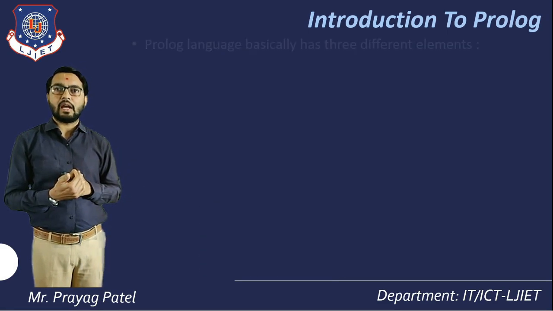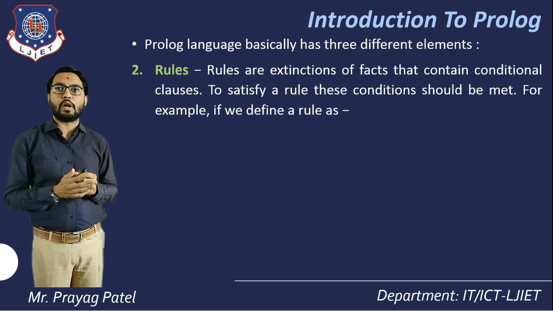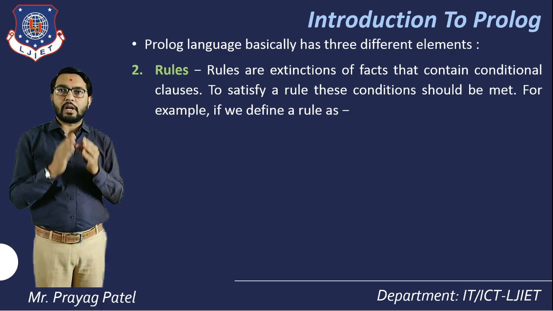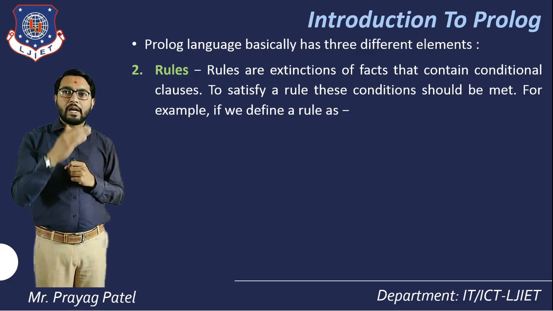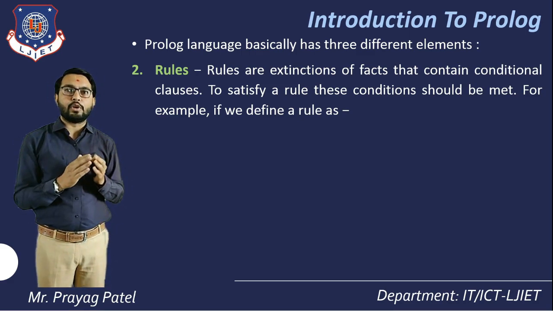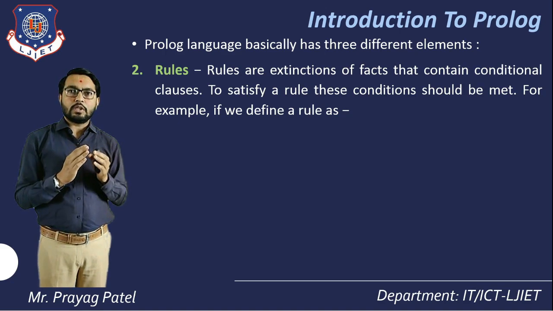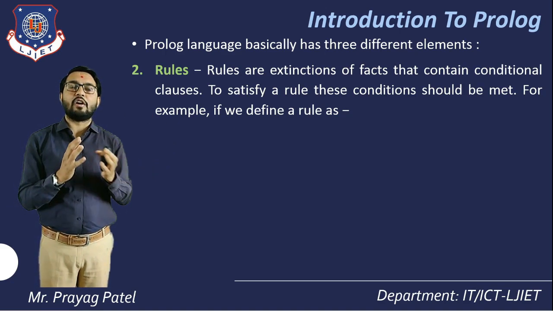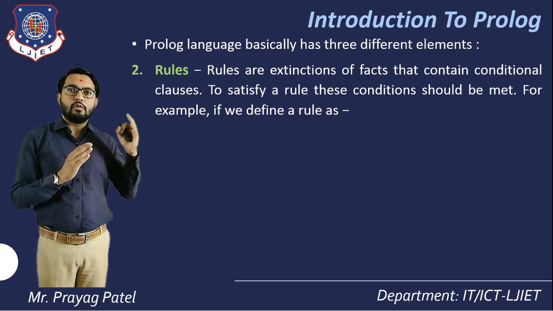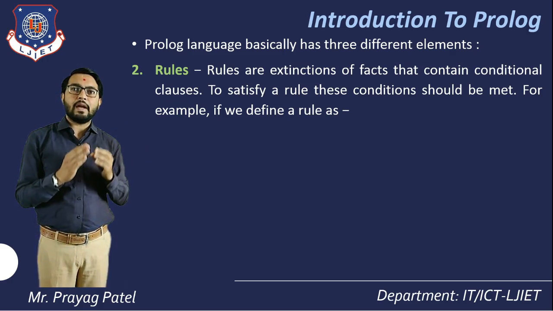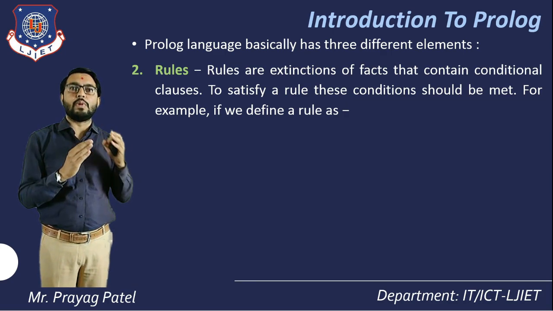Now the next component in the Prolog programming language, the second component, is rules. We already discussed the first component, facts. Rules are considered an extension of facts, containing condition clauses. To satisfy a rule, these conditions should be met.